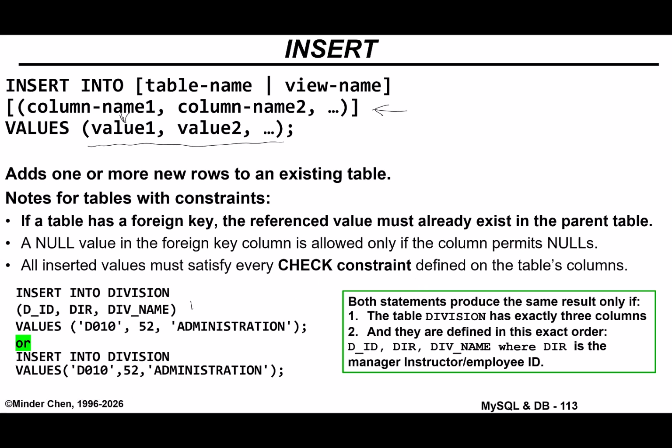This is an example where we have the column names listed and the corresponding values for a new row to be inserted into the division table. If this is the physical sequence of the columns in the division table, then you don't need to write this portion, so our insert statement looks like this.